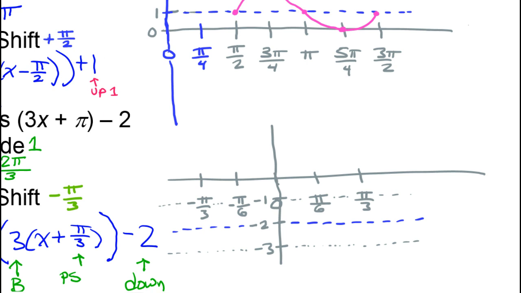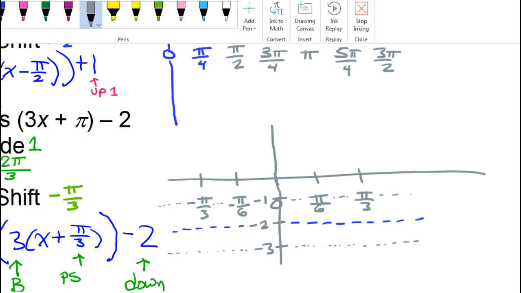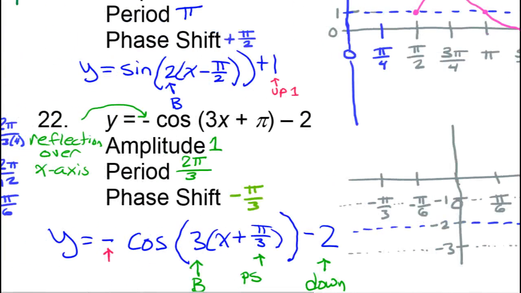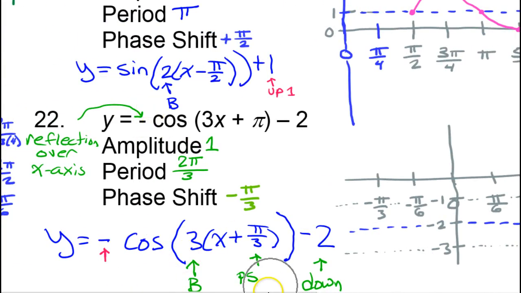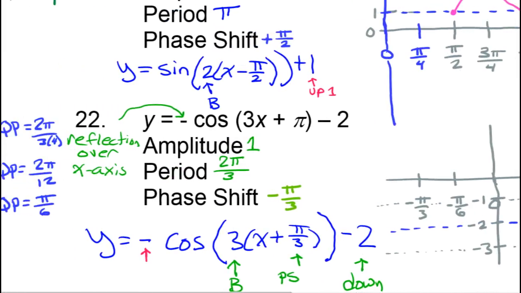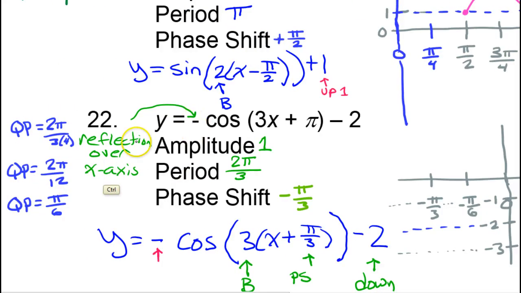Okay, now it's time to do the graph. Be careful. This is a cosine function. You know that a cosine function normally starts off at its highest point. However, this negative sign in the front is a reflection over the x-axis. So instead of the cosine function looking like this, it will be upside down and look like this.